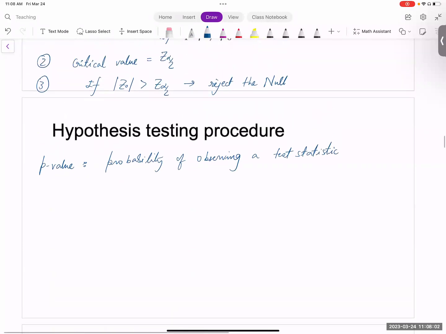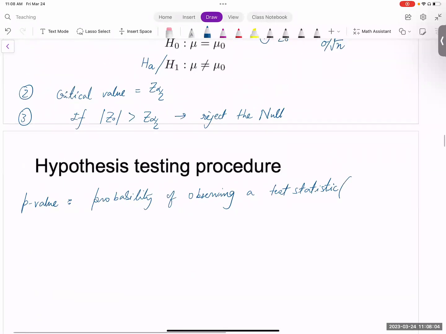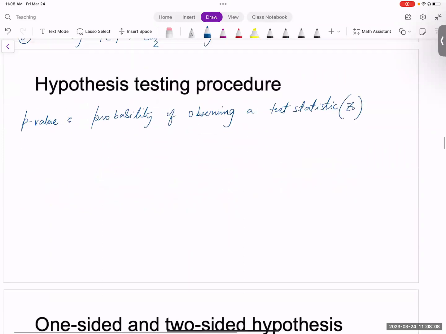This test statistic is basically what we just computed, z0. So it's the probability of observing a test statistic that is more extreme than the current test statistic.